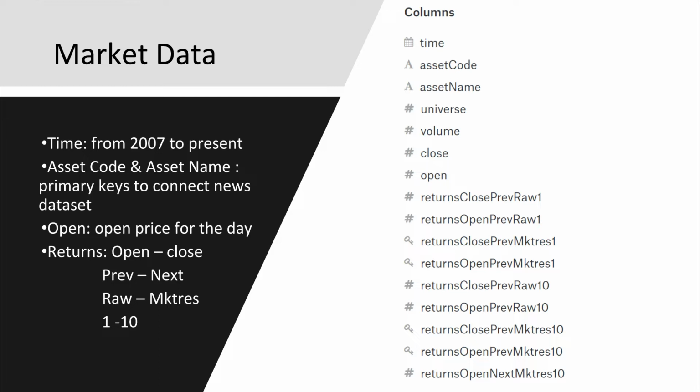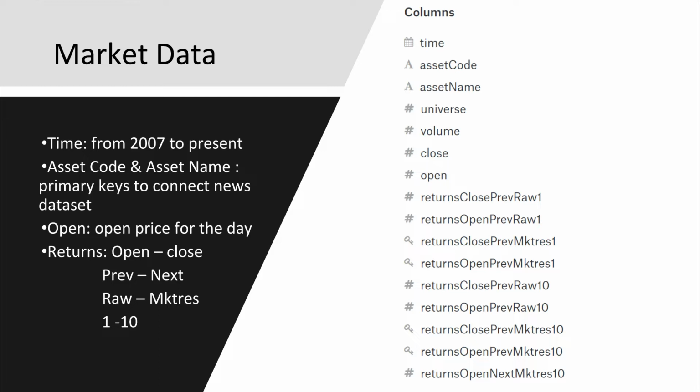Volume stands for how much volume was traded on that day. Close means the closing price in the market. Open means the opening price in the market. From here to here, there are a bunch of variables called return variables. I categorize all these variables into four categories so we can better understand them.